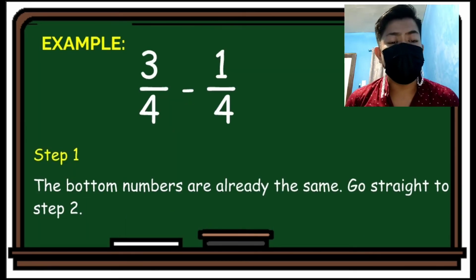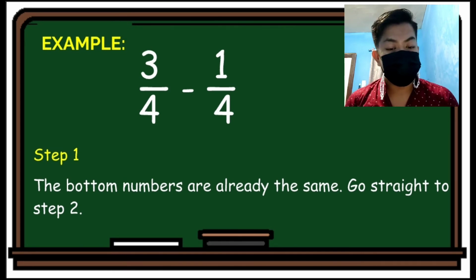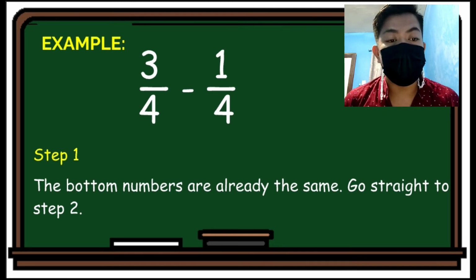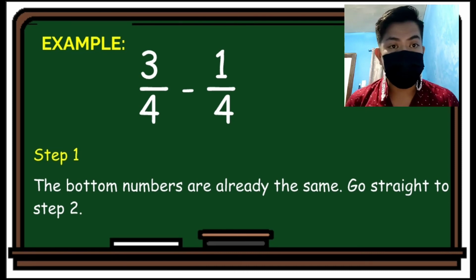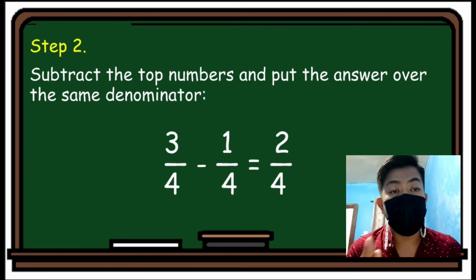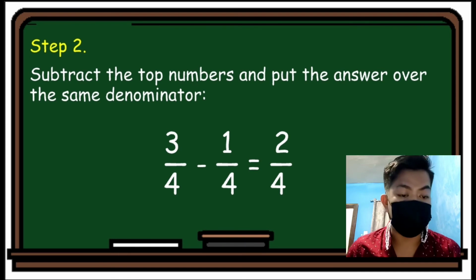So for example, we have here 3/4 minus 1/4. Step 1, the bottom numbers are already the same. So we have here the same denominator, which is 4, and we go straight to step number 2. Our step number 2 is to subtract the top numbers, or the numerators, and put the answer over the same denominator.